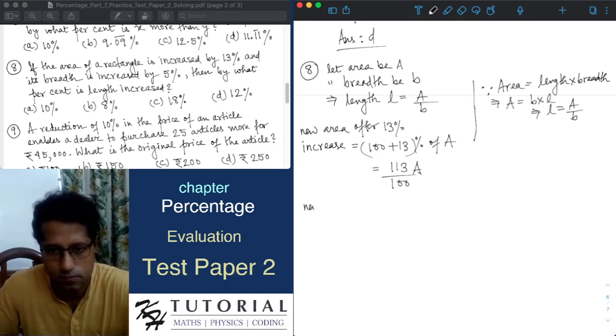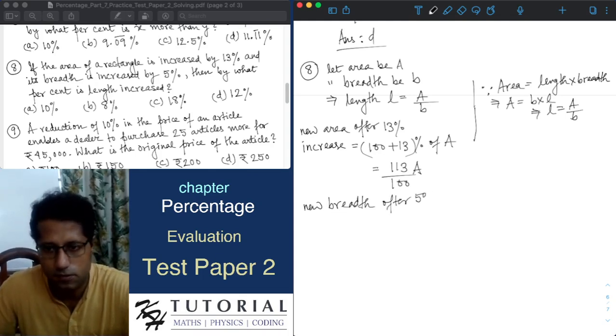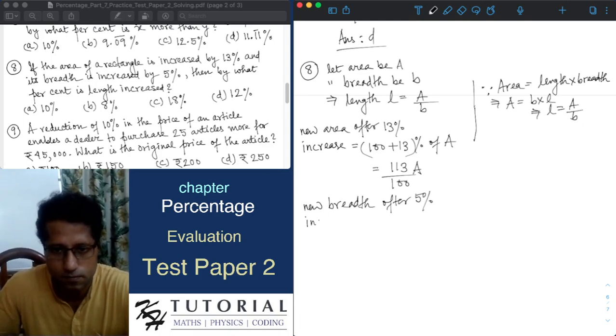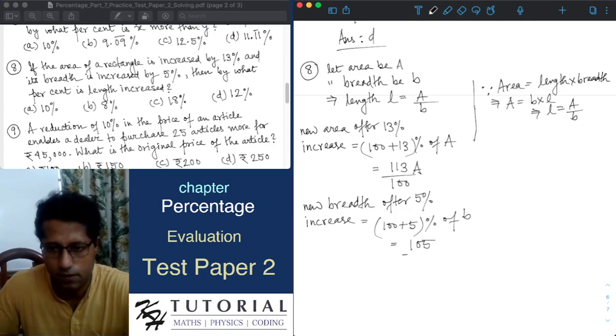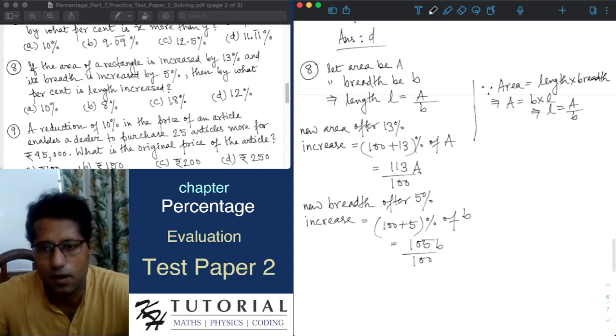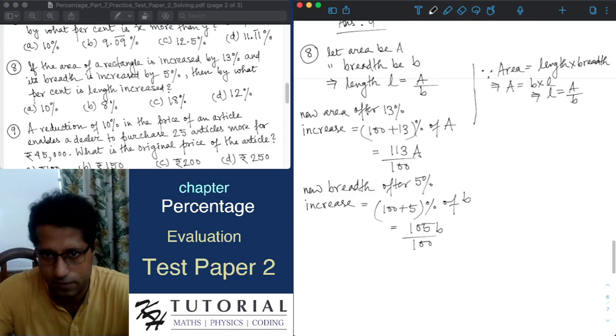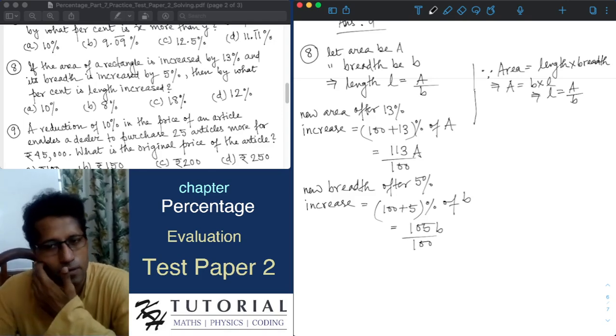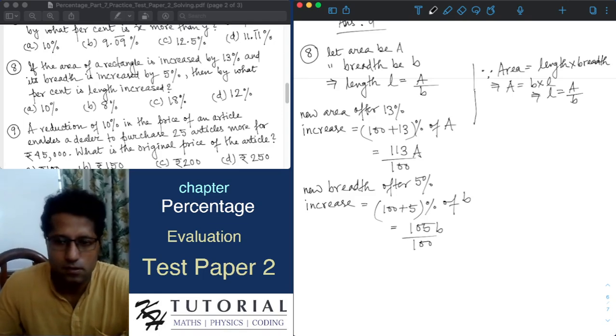So the new breadth after the 5% increase will be equal to 100 plus 5% of the previous breadth, which is B. This is 105 divided by 100 multiplied by B. Now the new area is 113A by 100 and the new breadth is 105 by 100 into B.